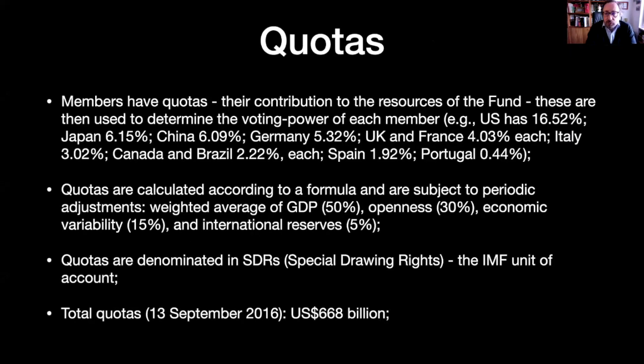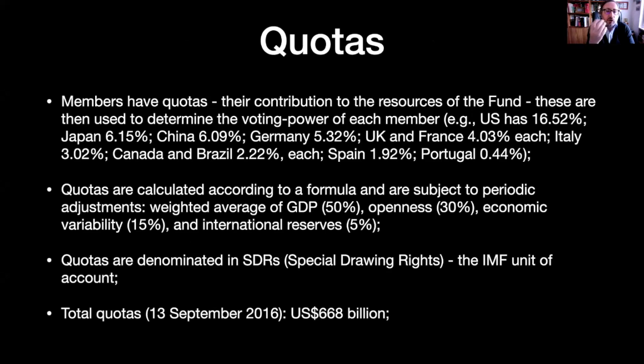Okay, quotas. So quotas are important to understand the nature of the IMF and a lot of the functioning of it as well. So the fund's resources, their basic resources, are the transfers of money made by each member to the IMF.